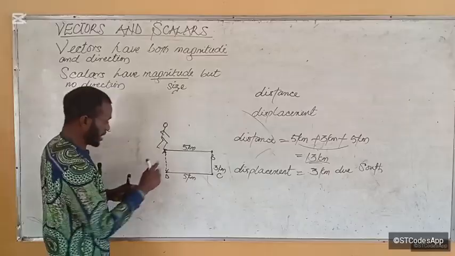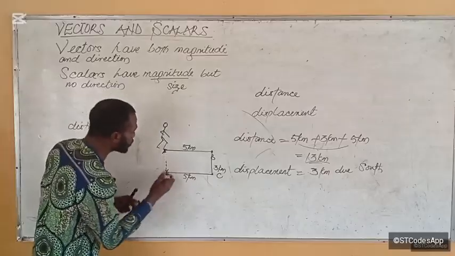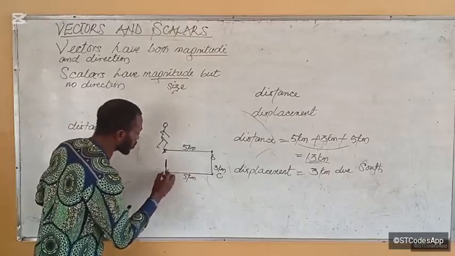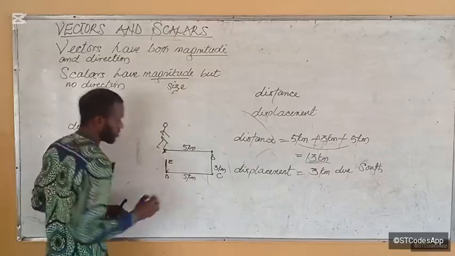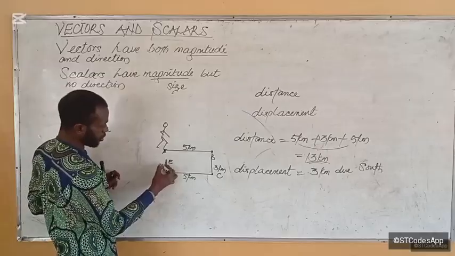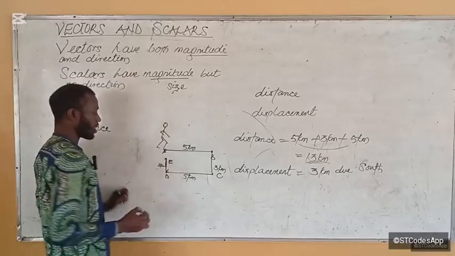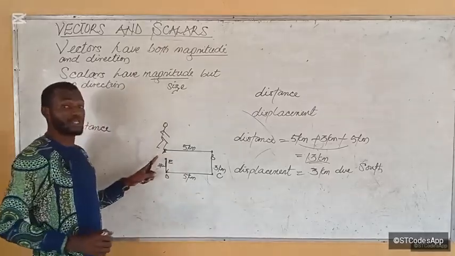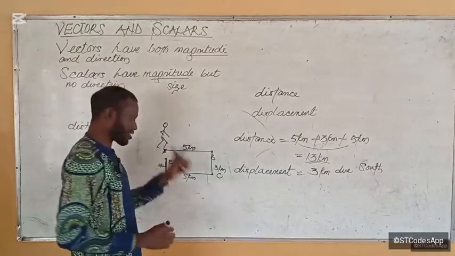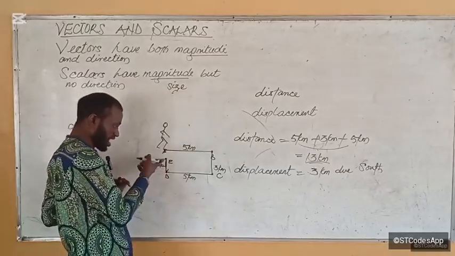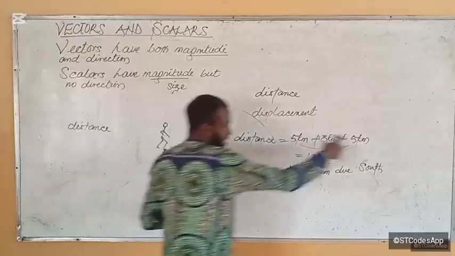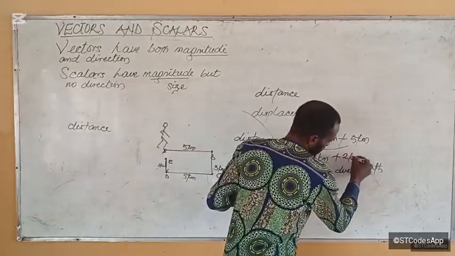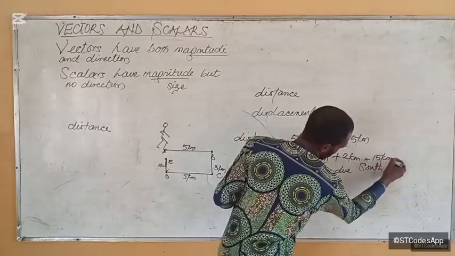Now, what if this body moved to a position E, traveling 2 kilometers, for example. What's the displacement of this body? The distance has changed first, because it's now at position E. So we add that 2 kilometers, which means this body has covered 15 kilometers in total.